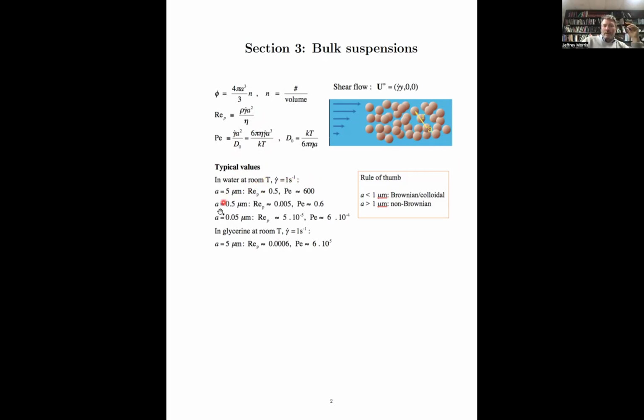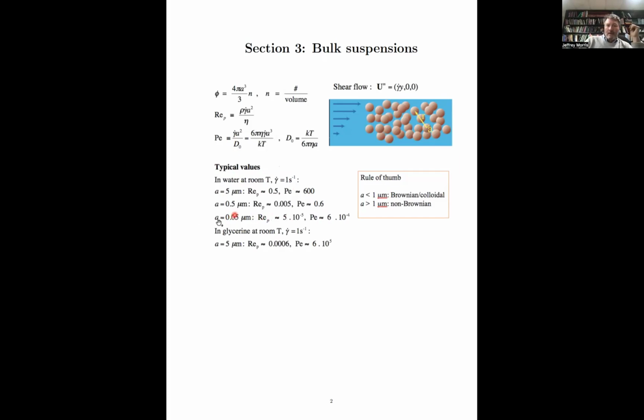As the particles go below a micron, you can see this number becomes very small at this shear rate, and that means that Brownian motion is much more effective under those conditions than the shearing motion is. So the system is just disturbed slightly from equilibrium by a shear rate of 1 reciprocal second at this particular size, 50 nanometers.